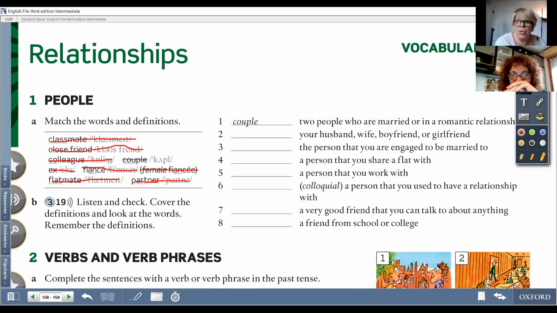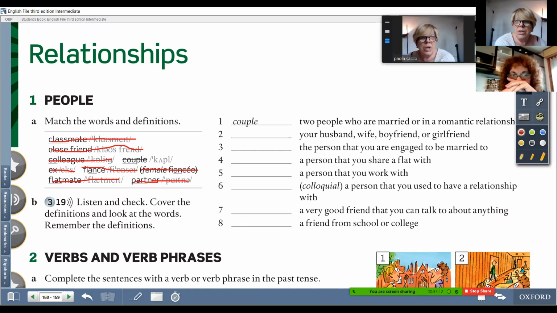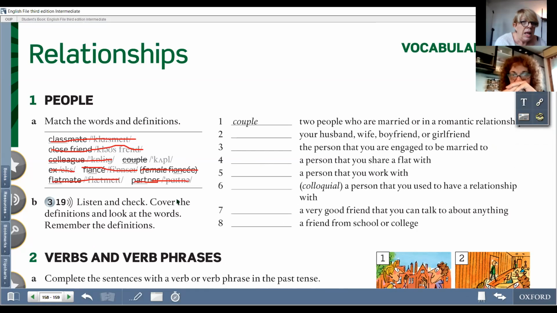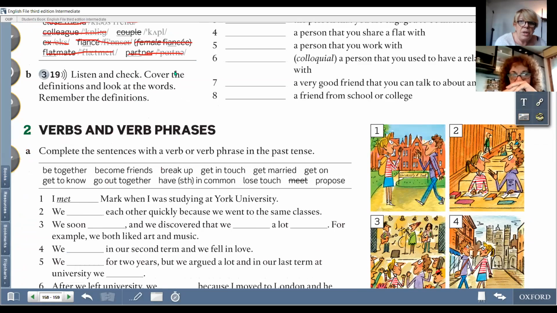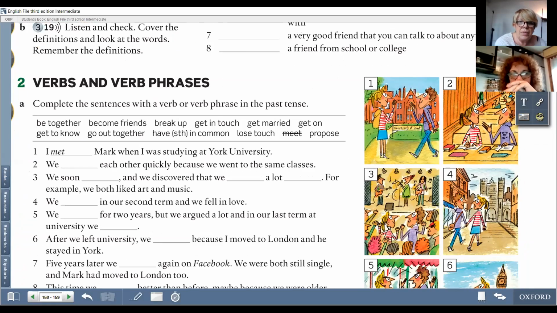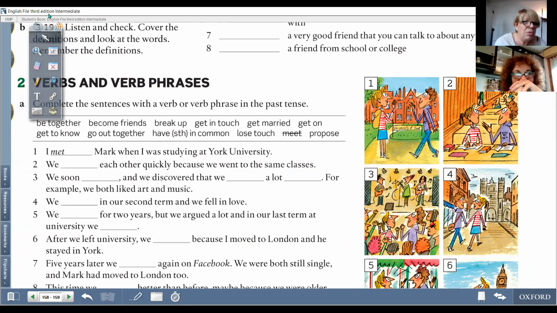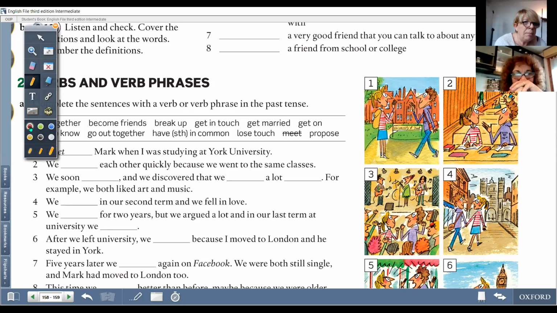Let's go on to the next one. Verb and verb phrases. Okay. I want to move it, but I can't. I want to put it here, and take a pen, a green pen.